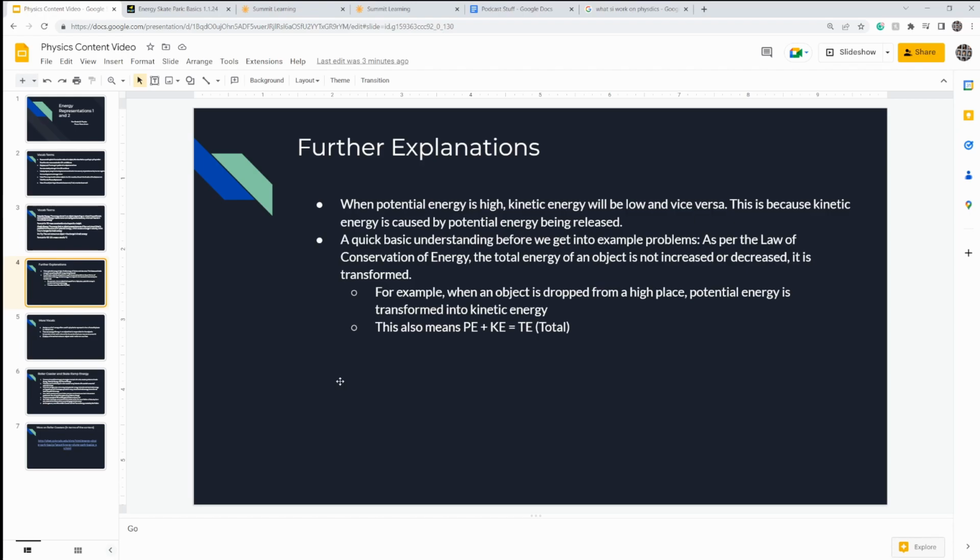When an object is dropped from a high place, potential energy is transformed to kinetic energy. That energy just doesn't go nowhere. When the potential energy gets lower, kinetic energy will get higher. As simple as that. So potential energy plus kinetic energy will equal your total energy, at least for most of the problems you'll see on the content assessment.